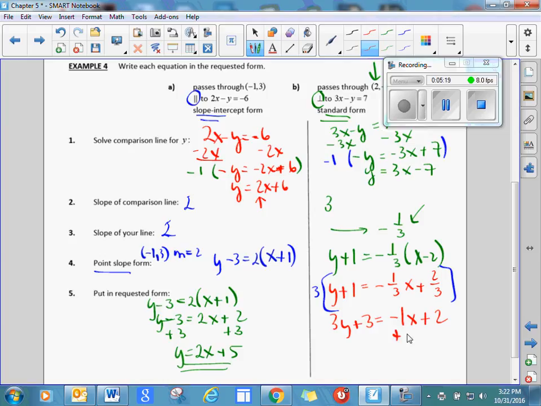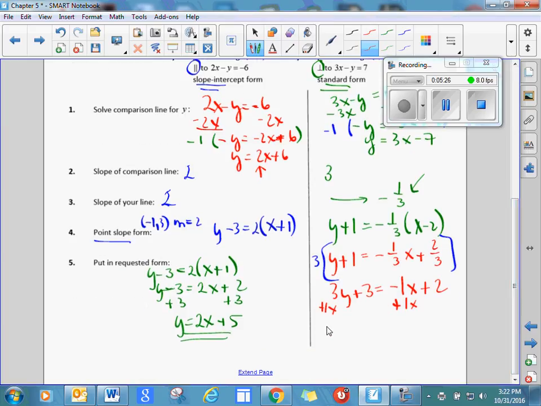So we're going to add 1x to both sides, and we end up with 1x, or just x, plus 3y plus 3 equals 2. We've got to get the constants together, and we end up with x plus 3y equals minus 1. And that's the equation of the line in standard form.